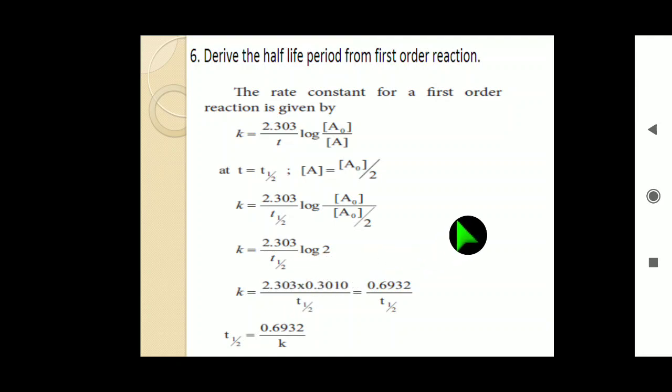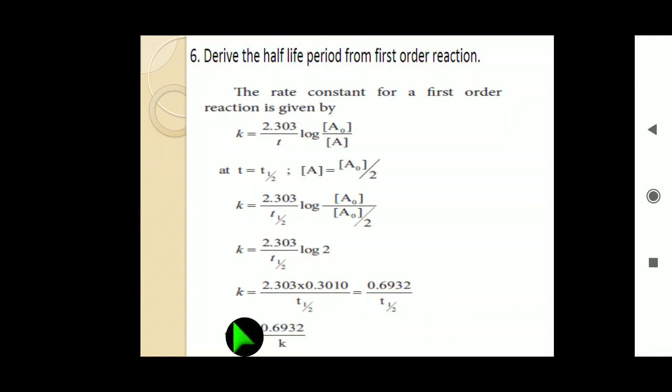What is the value of log 2? 0.3010. Just substitute it: 2.303 should be multiplied with 0.3010 divided by T 1 by 2. So we get 0.6932 divided by T 1 by 2.